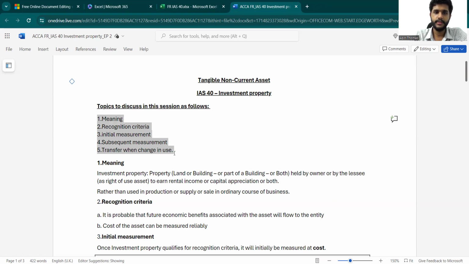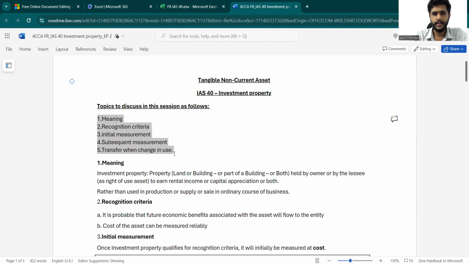And the fourth one is subsequent measurement. As the nature of the asset, it is a non-current asset, so we are not selling off the property in that year itself. So we need to understand how, subsequently, we can measure the asset in our books of account. And then lastly, transfer when there is a change in use.